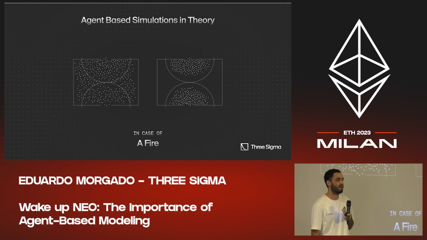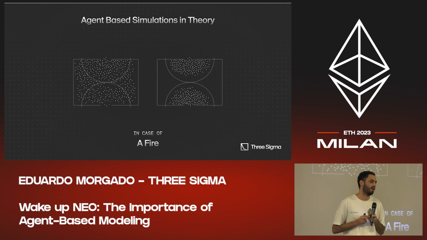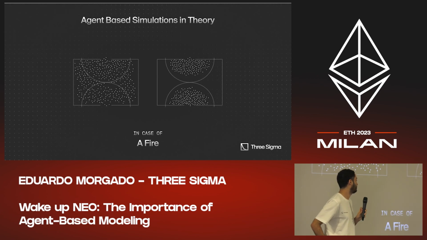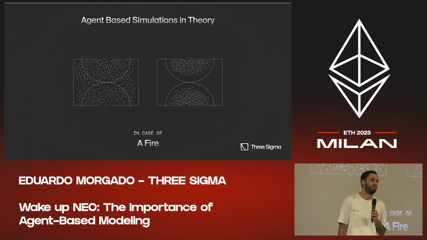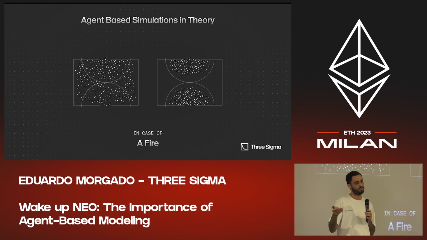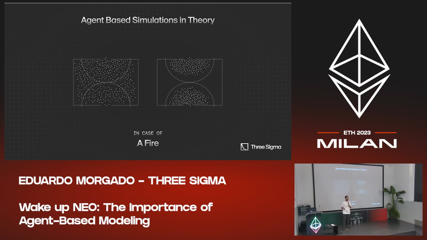So what are agent-based simulations? I'm going to start by explaining the approach. Agent-based simulations are computational simulations that aim to understand how a certain environment and a certain set of agents relate to each other. We have a set of independent agents that are modeled to act on their own self-interest, and then we have an environment, which is what the agents interact with.